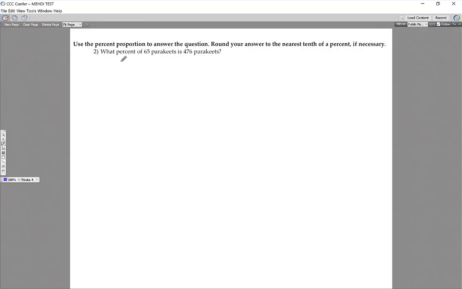So we want to know what percent of 65 parakeets is 476 parakeets. So we can set up 476 over 65 parakeets. And we can multiply this by 100% because we're asked for the percent.